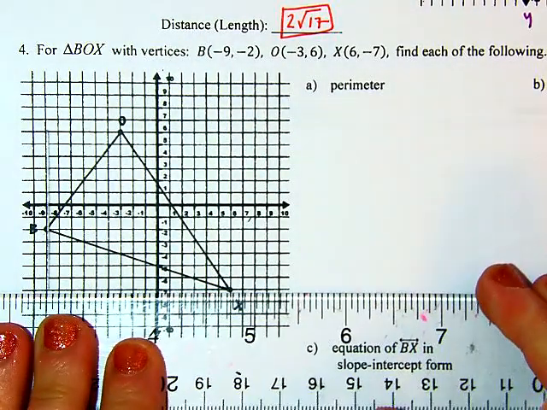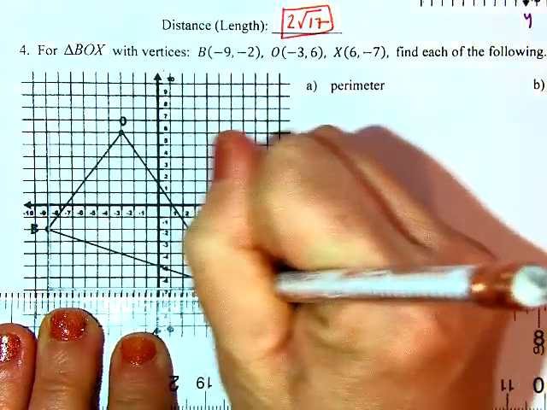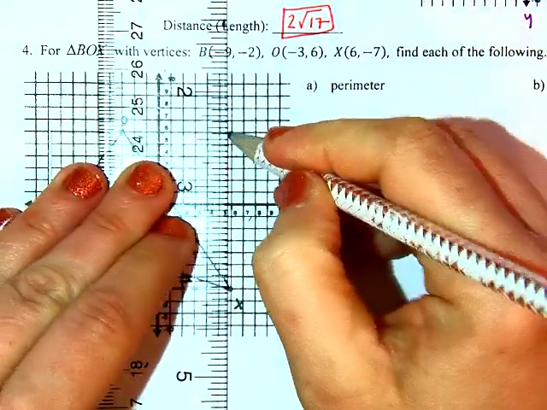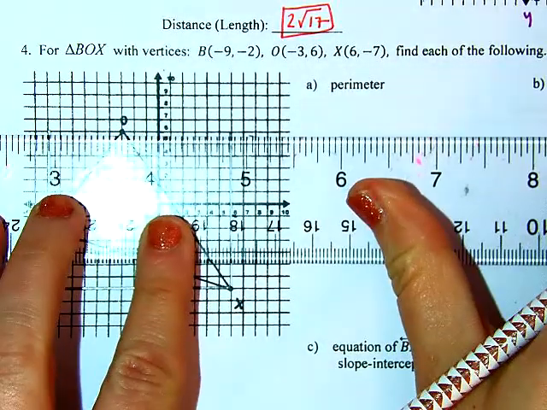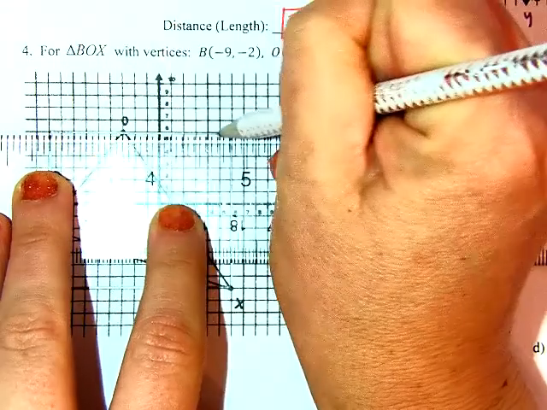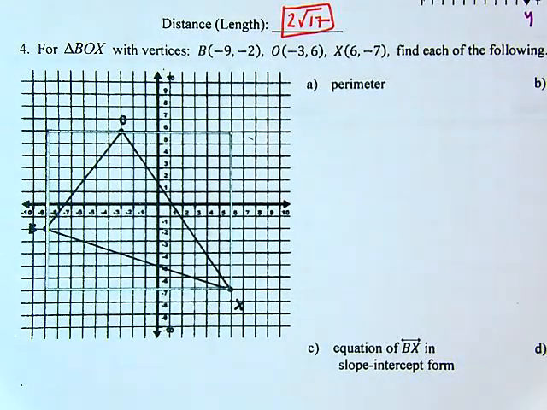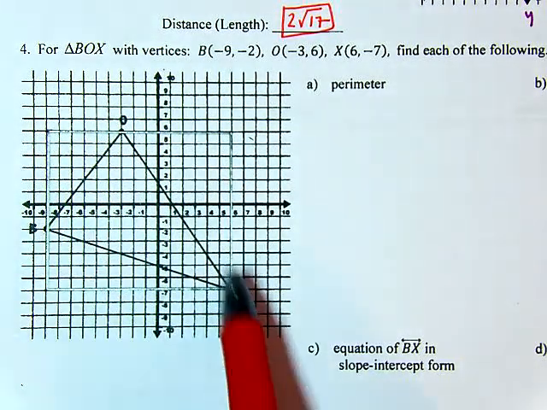So I'm just framing a rectangle around my triangle. Okay, and then I'm just going to mark what each of these parts end up being all the way around.